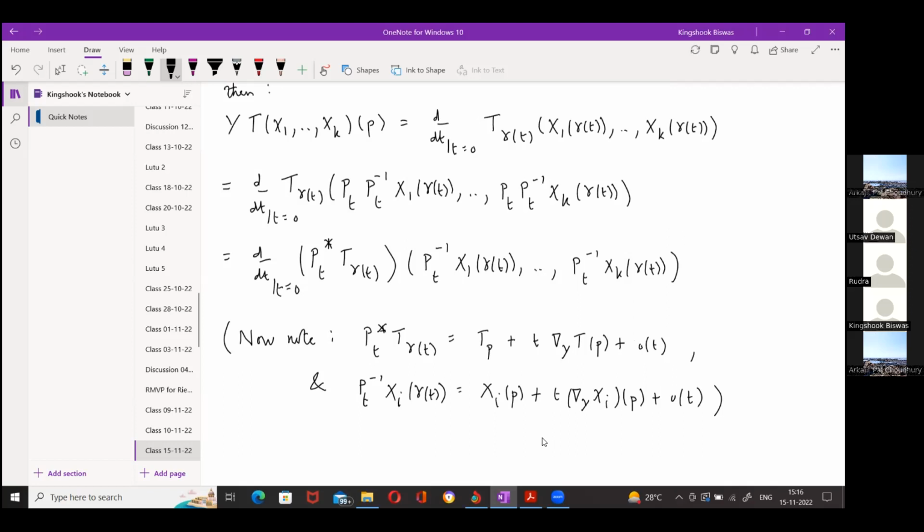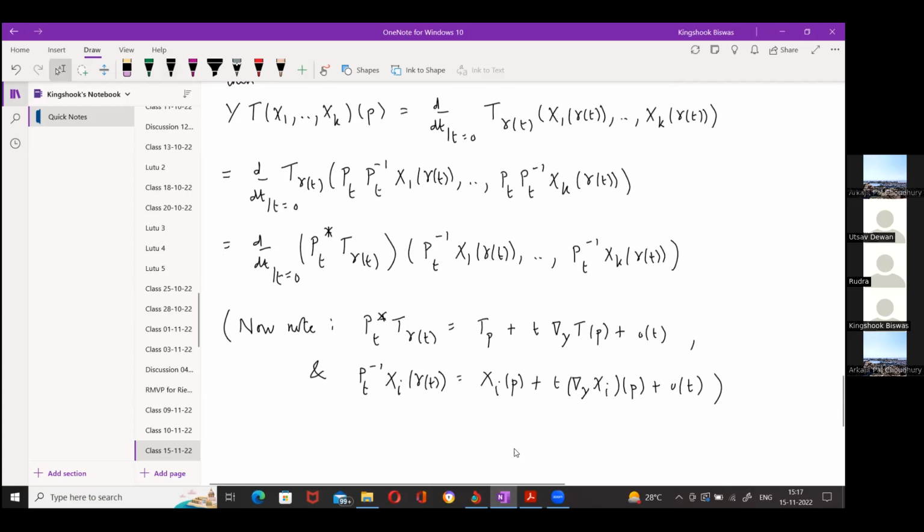Is it all clear, Utsav? Yes, sir. Okay. This is by definition of the covariant derivative.